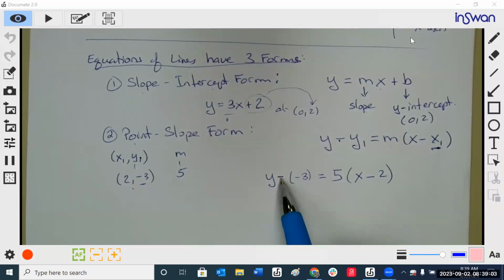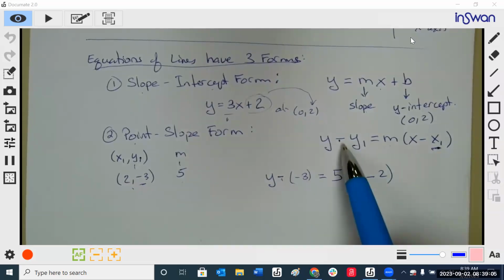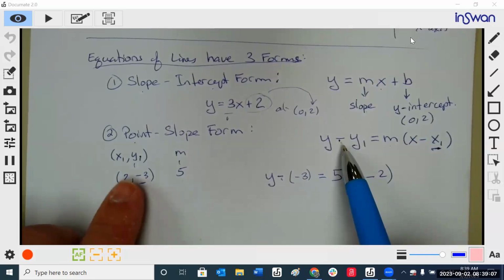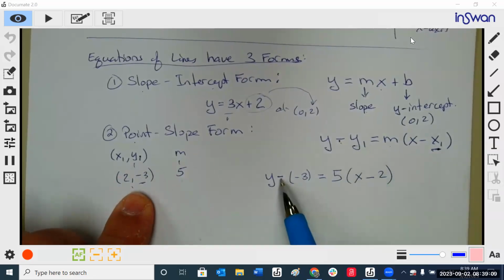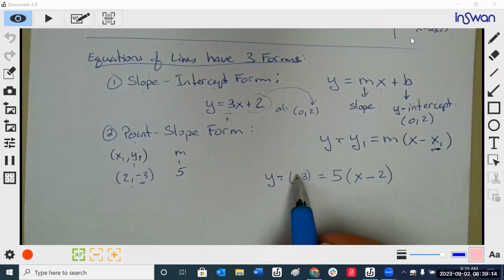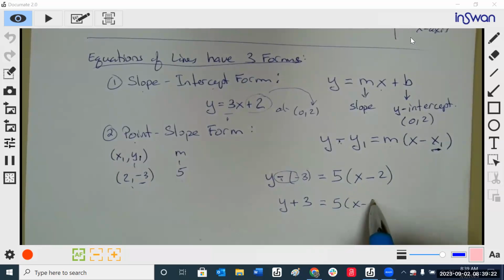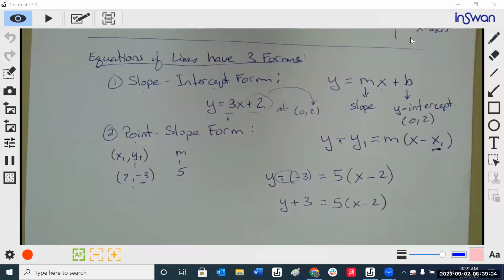Don't change this sign just yet, because that minus is supposed to be there. Y1 is -3, so it's minus -3. What is negative times negative? And there we have the point slope form.